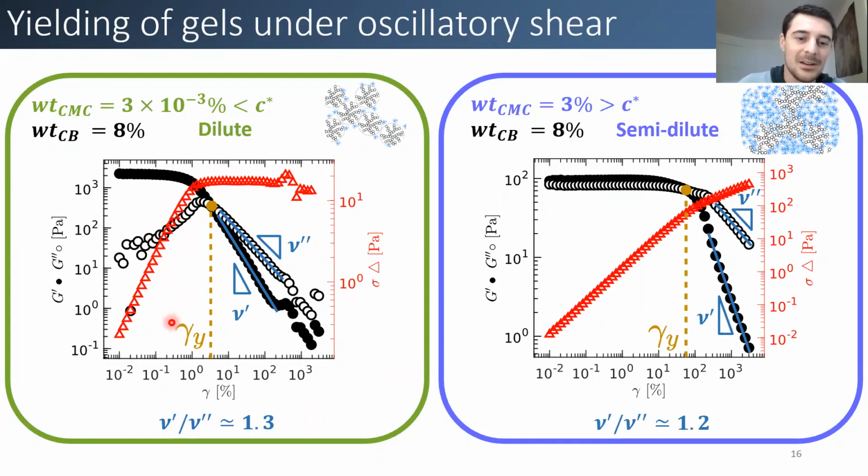But the main thing that differs between the two regimes is the typical value of the yield strain, which is typically 1% in the dilute regime, which is consistent with the fact that we are dealing with a colloidal-driven system. Whereas for the semi-dilute regime, the typical yield strain is around 100%, which is also consistent with the fact that we are dealing with a polymer-driven microstructure.